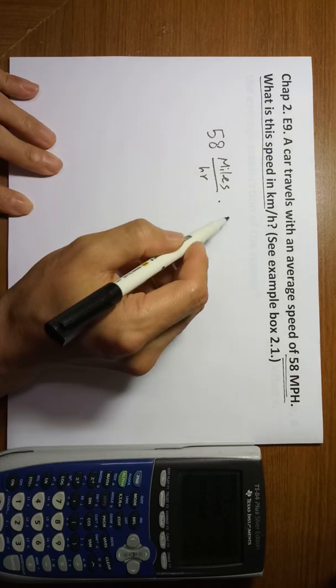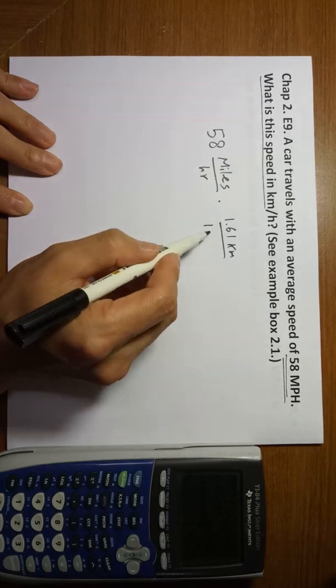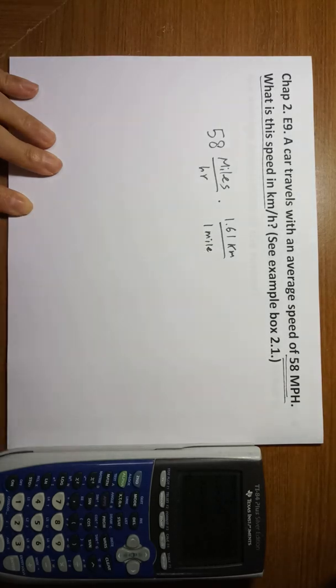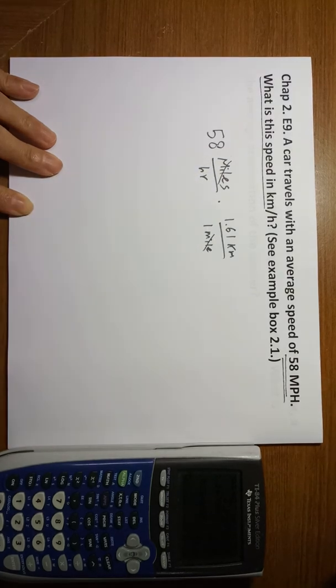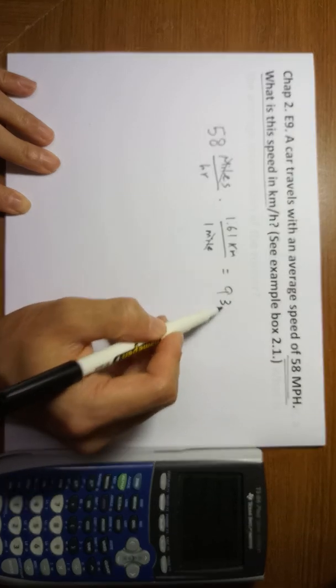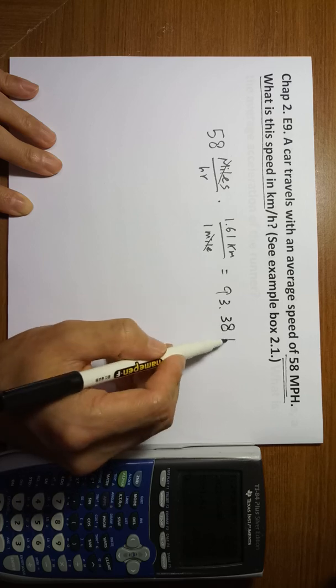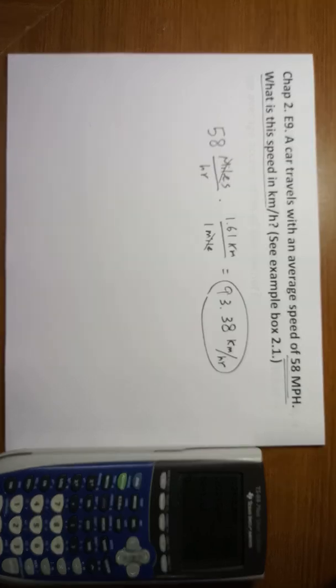How many kilometers in 1 mile? 1.61 kilometers in 1 mile, right? Then you cancel the units, miles and mile, and multiply 58 times 1.61, and you will get 93.38 kilometers per hour.